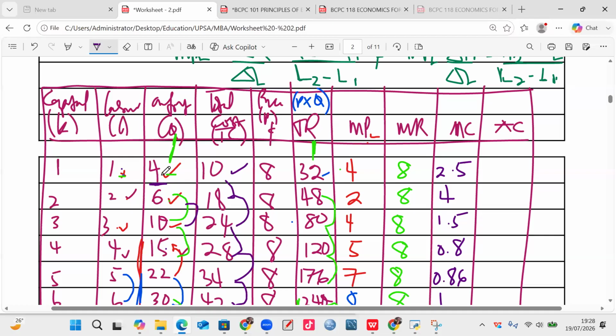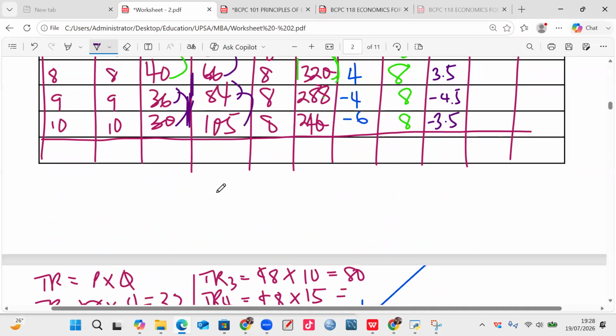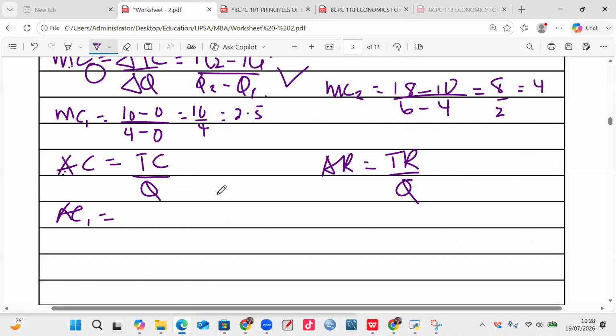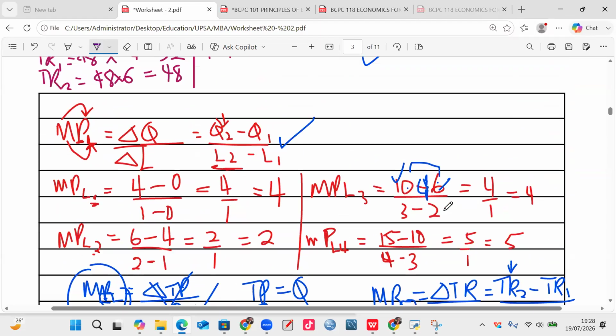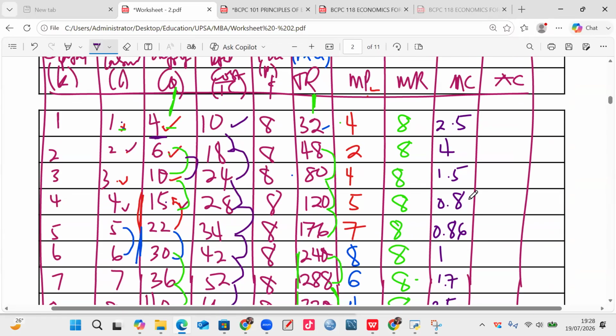What is the output? 4. So 10 for labor 1, the total cost, and the output is 4. That gives 2.5. So here we don't bring in the change because we are dealing with averages.